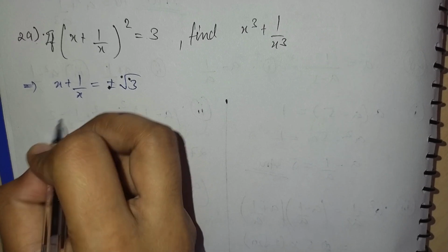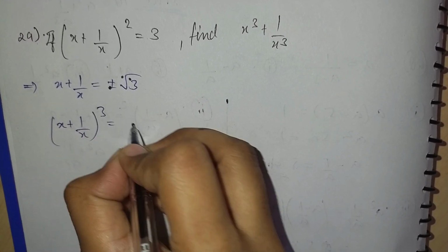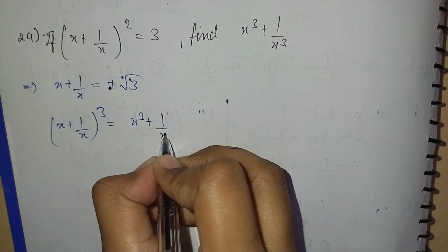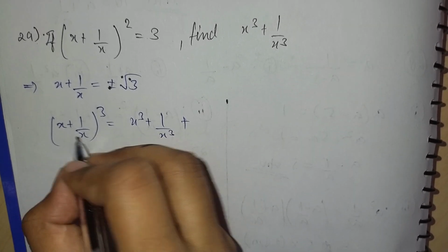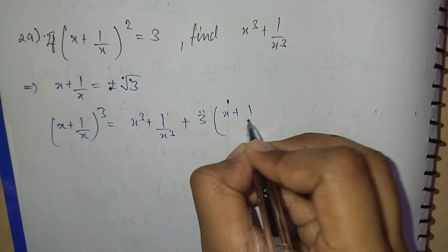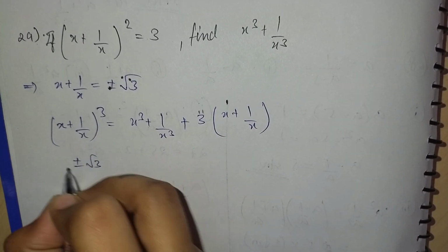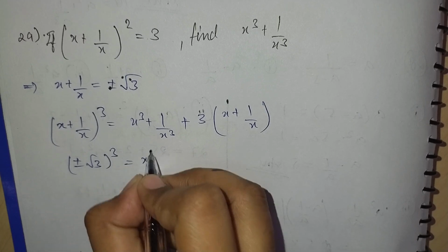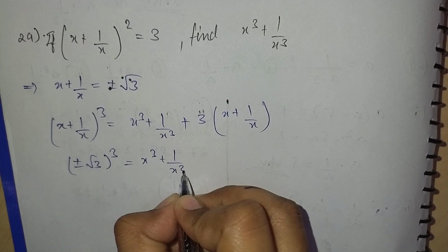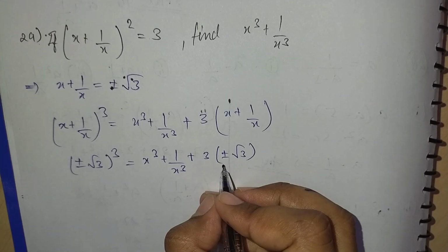So formula here is (x plus 1 by x) whole cube is equal to x cube plus 1 by x cube plus 3, because x and x will cancel out into a and b, and here x plus 1 by x. Putting the value here, we will get (plus minus under root 3) whole cube equal to x cube plus 1 by x cube plus 3, and here plus minus under root 3.